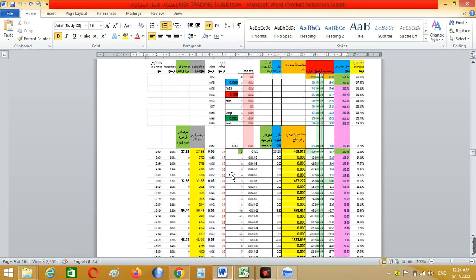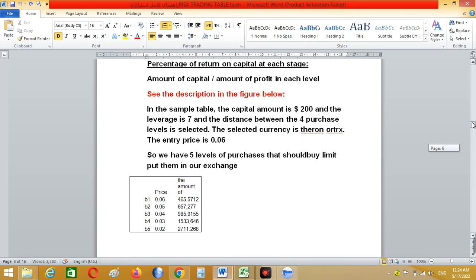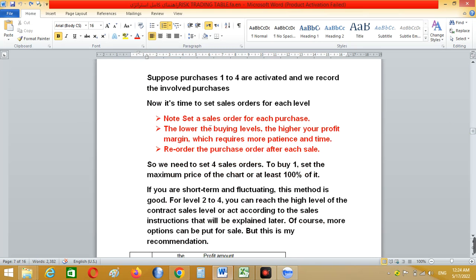I forgot to note that you have to use these rules. Set a sell order for each purchase, and you can sell your buy level at the up level, and you can stay in your buy up to the maximum level.